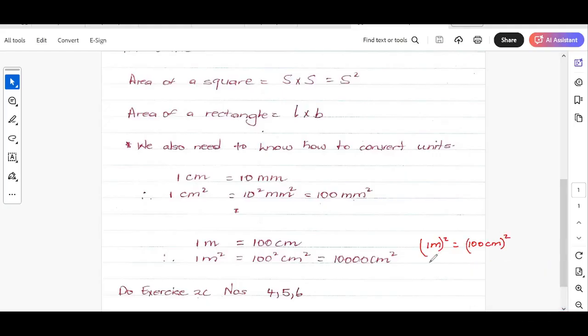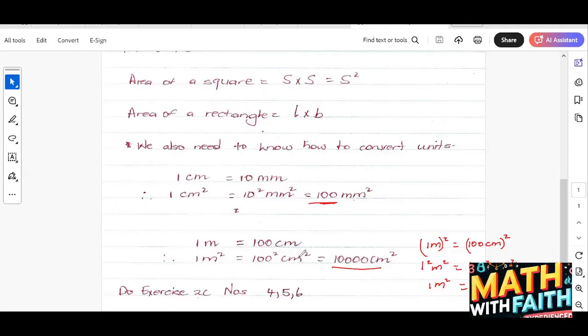So 1 squared meter squared is 100 squared centimeters squared. So 1 meter squared, because 1 squared is 1, is 100 by 100, which is 1 with 4 zeros, 10,000 centimeters squared.